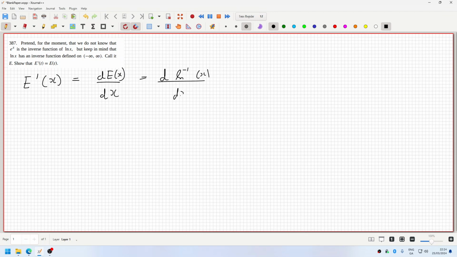And there's a rule that says that this is 1 over the regular derivative, but the situation is the variable changes, so it's not quite x though. This would be 1 over the derivative of log at the value x at the value.